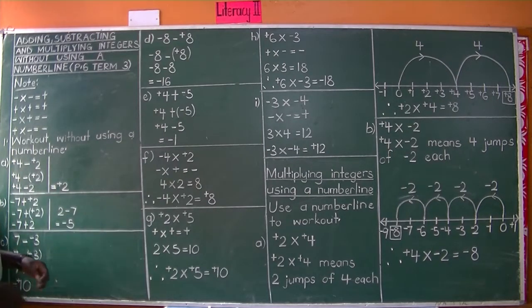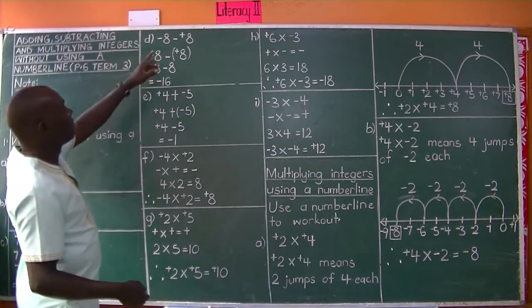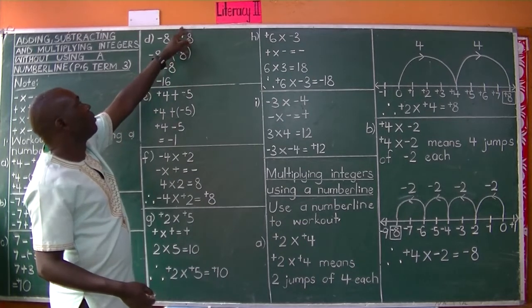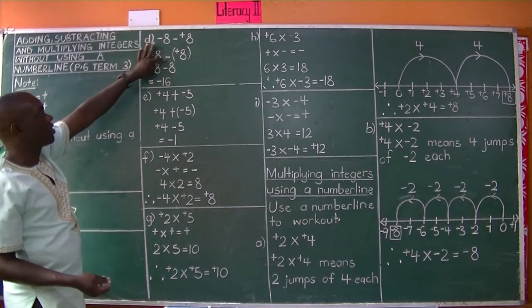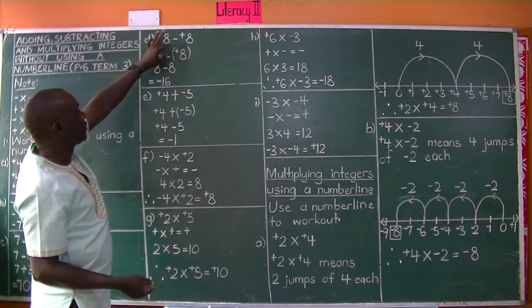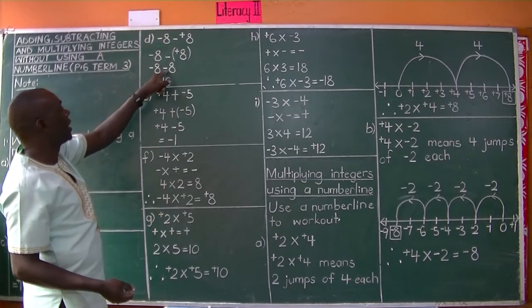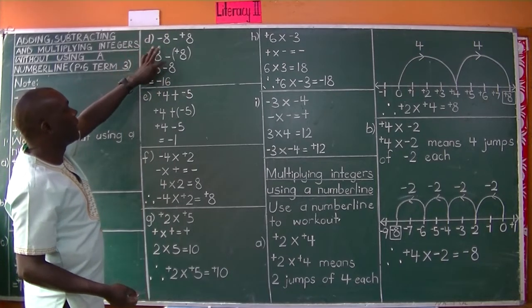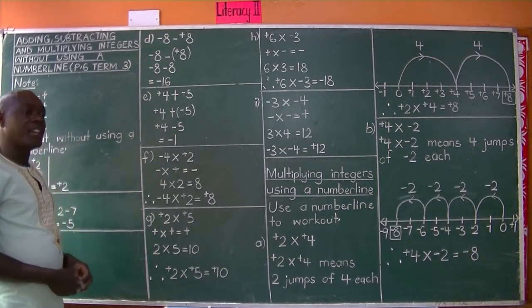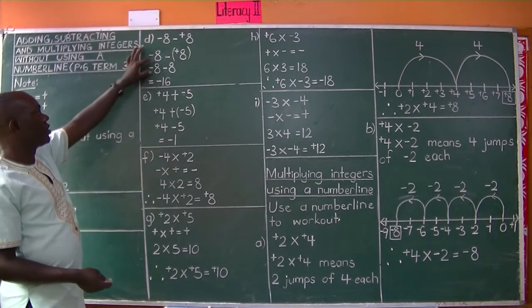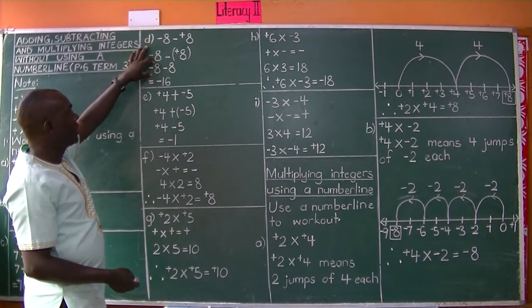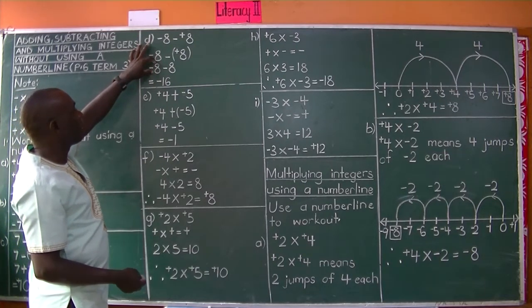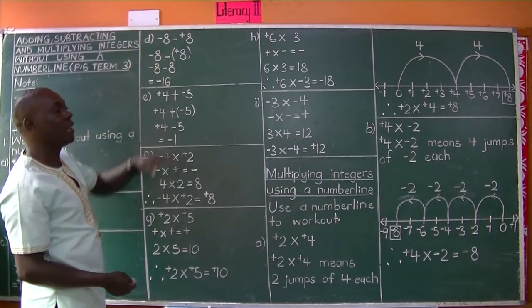As we look at the 4th question here, without using a number line, work out negative 8 minus positive 8. So put this positive 8 in brackets here, and then open the brackets through multiplication of a negative and a positive. Two different signs produce a negative. So I've got negative 8 minus 8. You must note that both are negatives. So it is a take away, or a negative 8 take away 8.